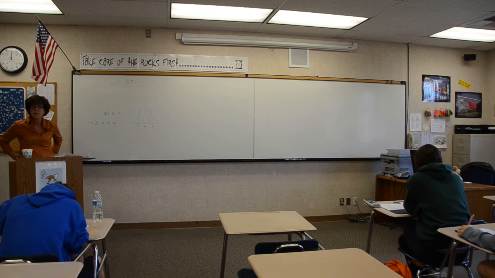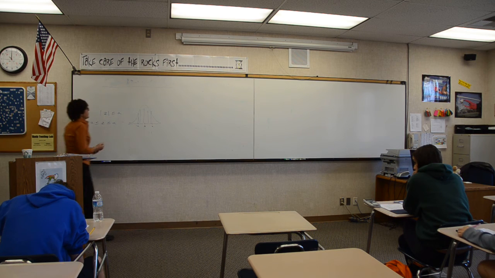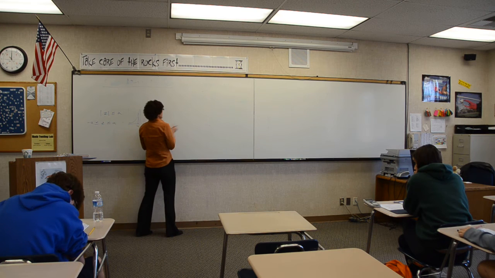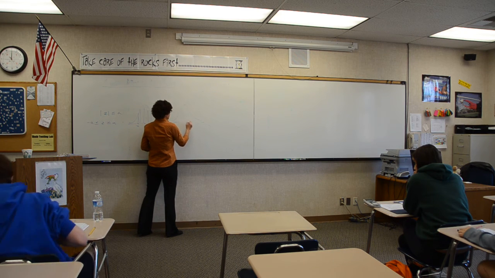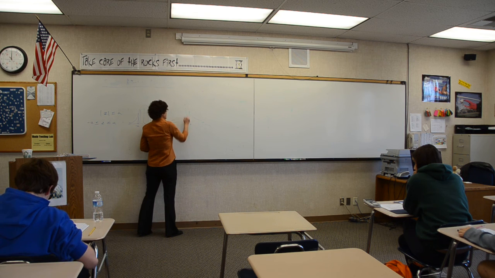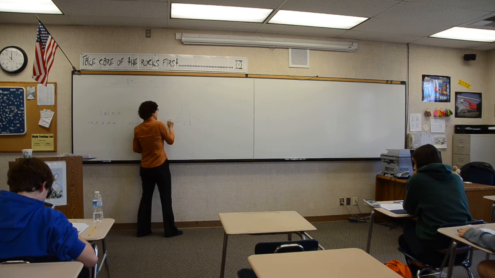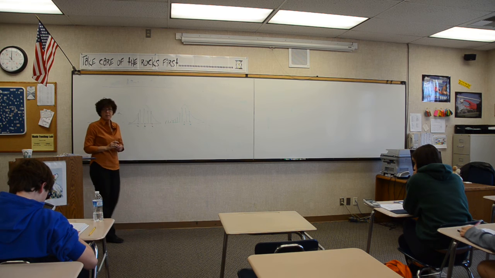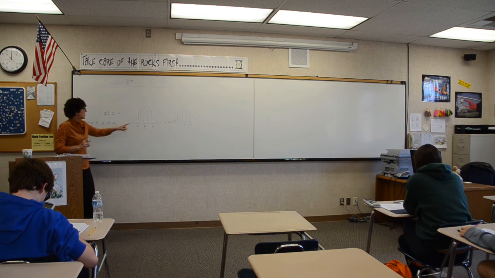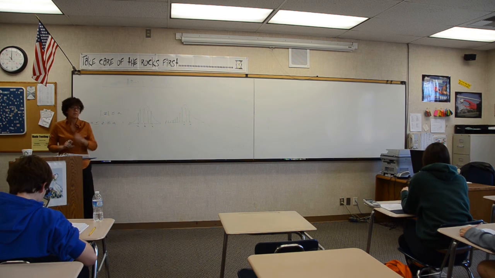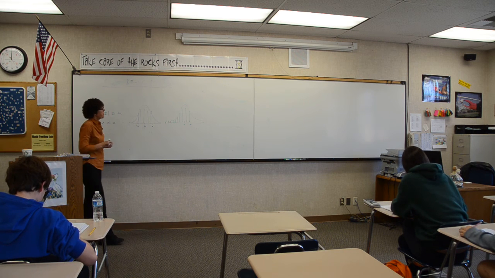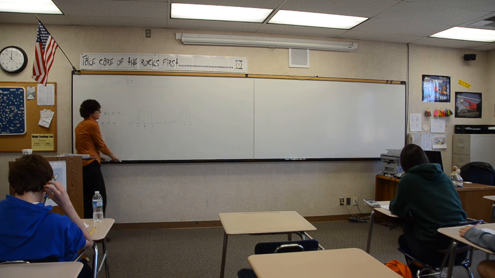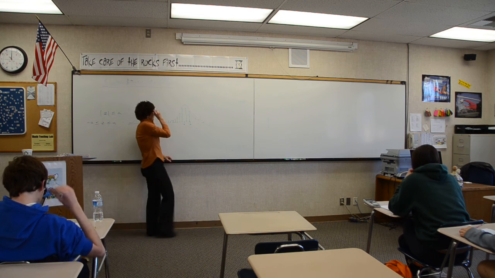Well, if you plug in inverse normal 0.75, this is A, and you're going to get that this whole area from negative infinity to A is 0.75. And that's not what you're looking for. If you do 1 minus the probability that they give you, and then figure out the a value for that, then it will just be the same.